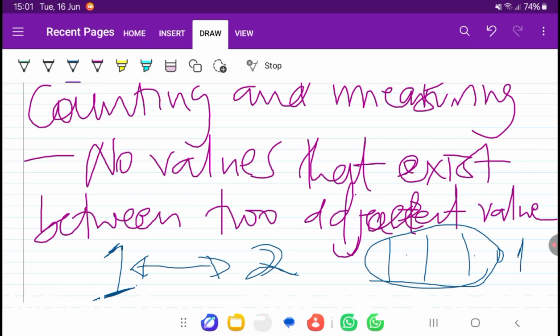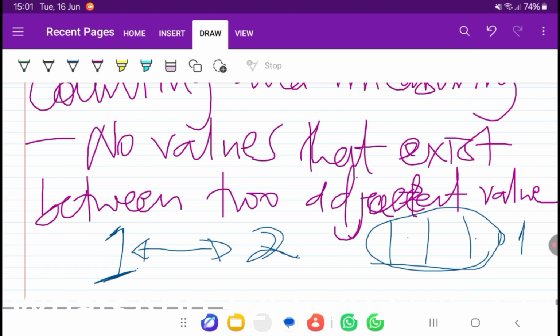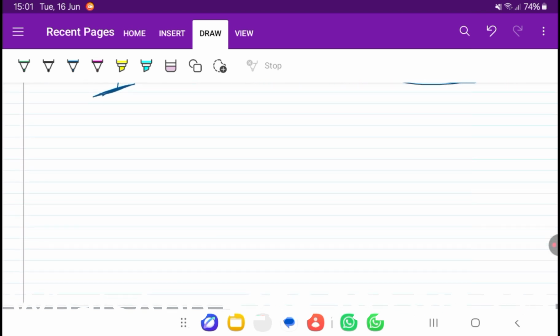They are continuous variables because they have fractions, they have decimal places.